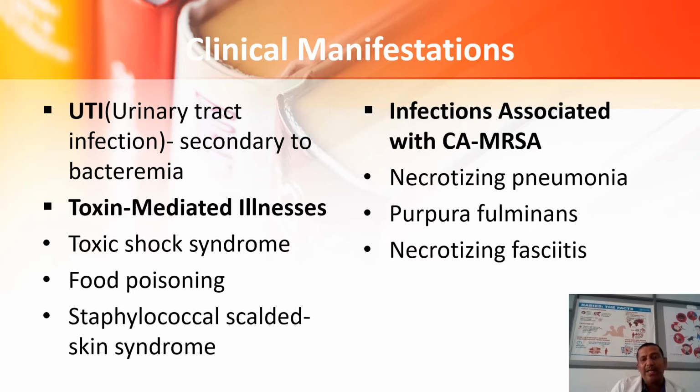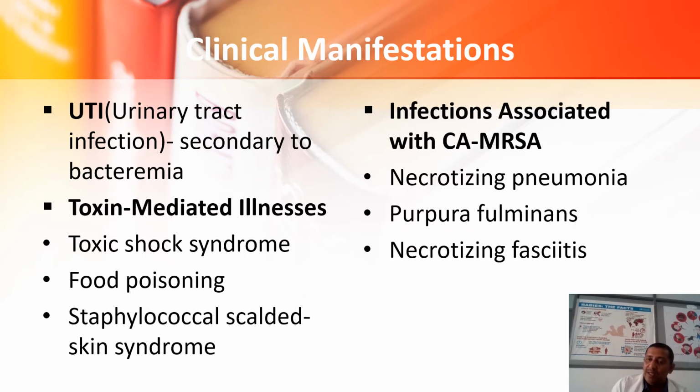So it is an important cause of both ascending and descending urinary tract infection. Others, it can cause fulminant purpura and necrotizing fasciitis. So the fascia is totally necrosed. This is about the invasion.